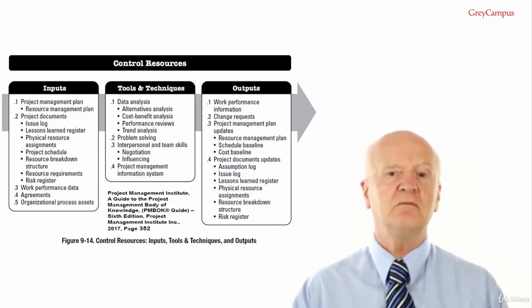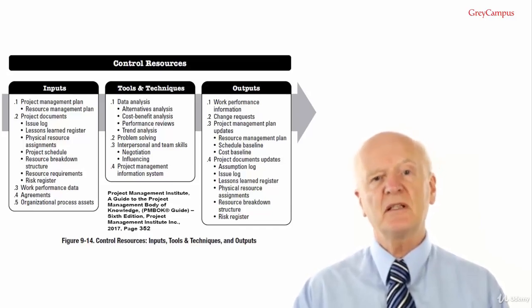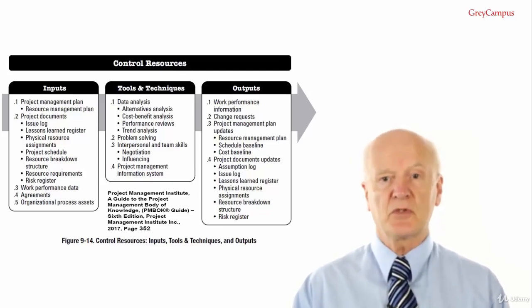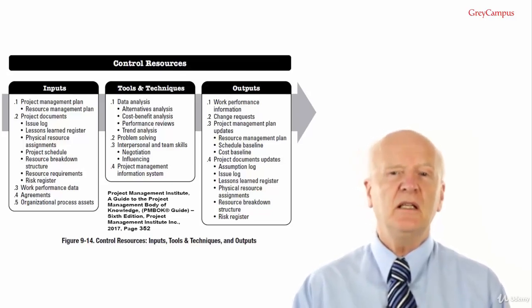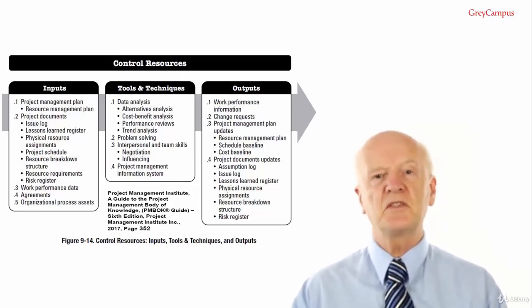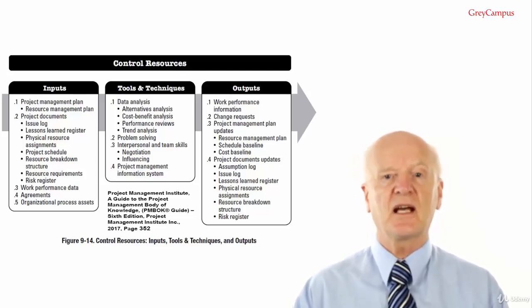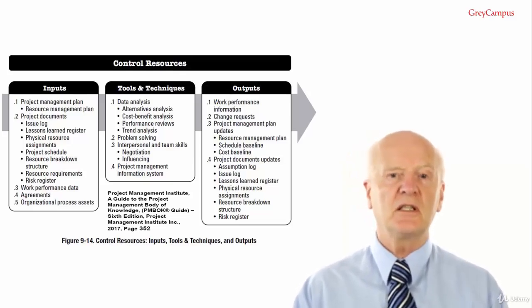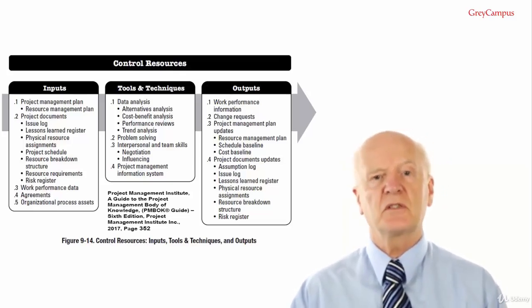Lessons learned register. Lessons learned early in the project can be applied to later phases of the project to improve physical resource control. Physical resource assignments. The physical resource assignments describe the expected resource utilisation along with details such as type, amount, location and whether the resource is internal to the organisation or outsourced.